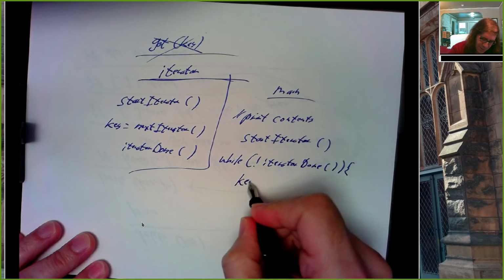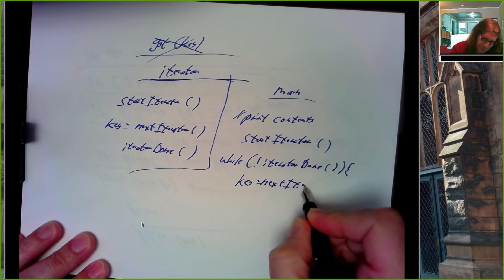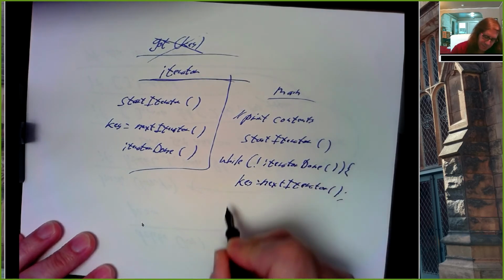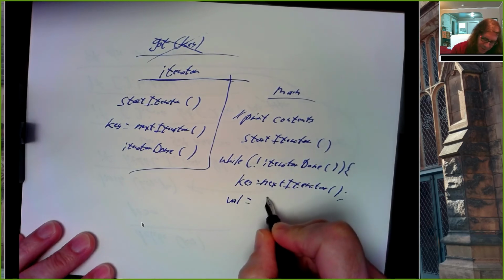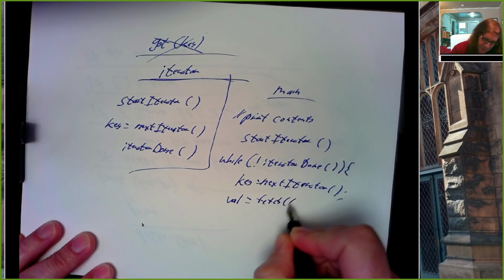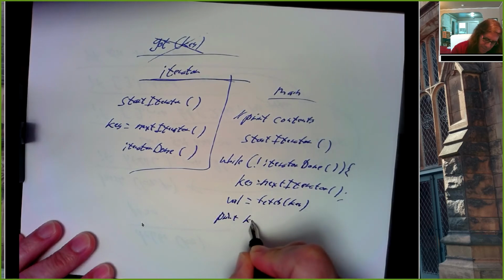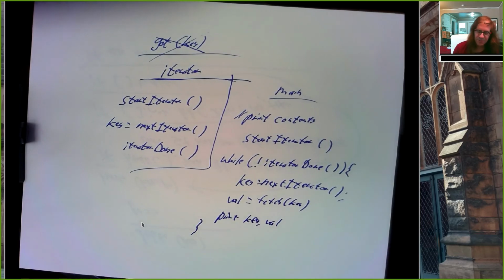So we could say key equals the next key from the iterator. And then value could be something like, fetch key. And then we could print those out, go back up to the top of our loop.